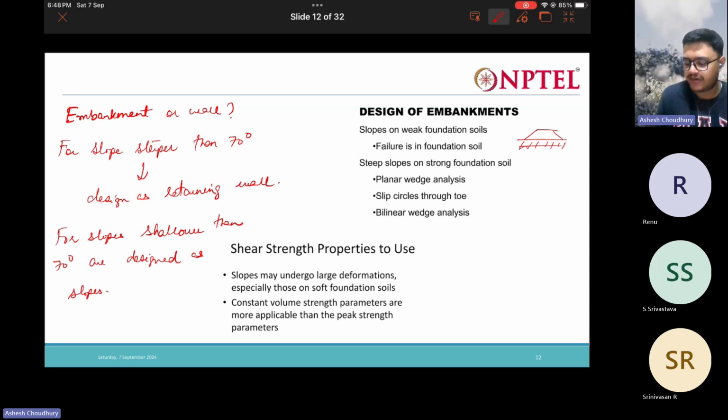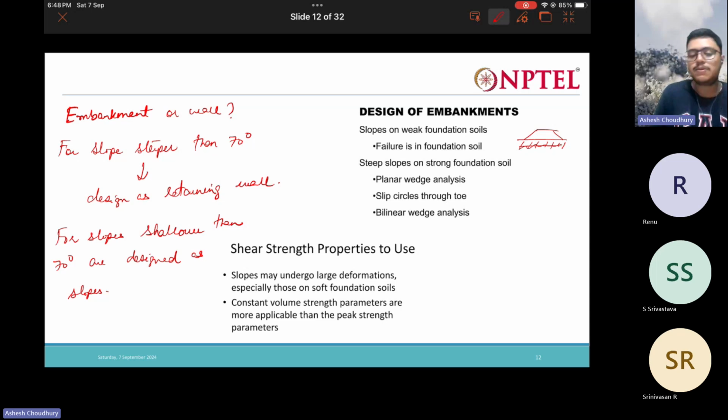In those cases we need to strengthen the foundation using various means. In tomorrow's session we will see how we can use geocells to construct embankments over soft soils, where the geocells are used to increase the strength. All right.